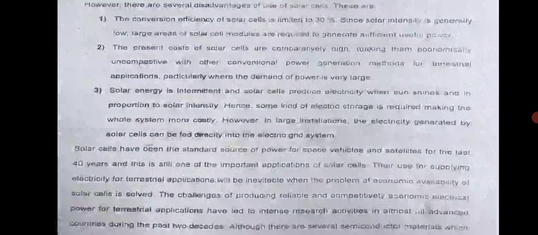Some of the disadvantages of the solar cell depend upon its efficiency, and we have to know that. The conversion efficiency of a solar cell is about 30%.